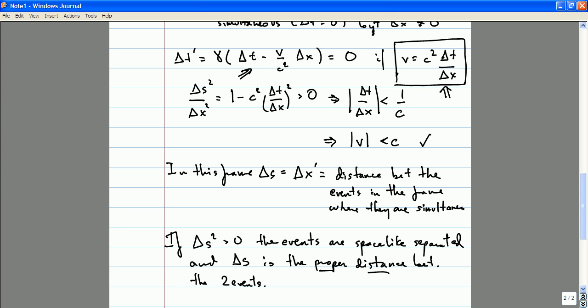If it would make you happier, I could rewrite that equation as delta X over delta T times V is equal to C squared. And so I could call delta X over delta T one velocity, some other velocity. If that would make you happier, you could look at the equation that way.